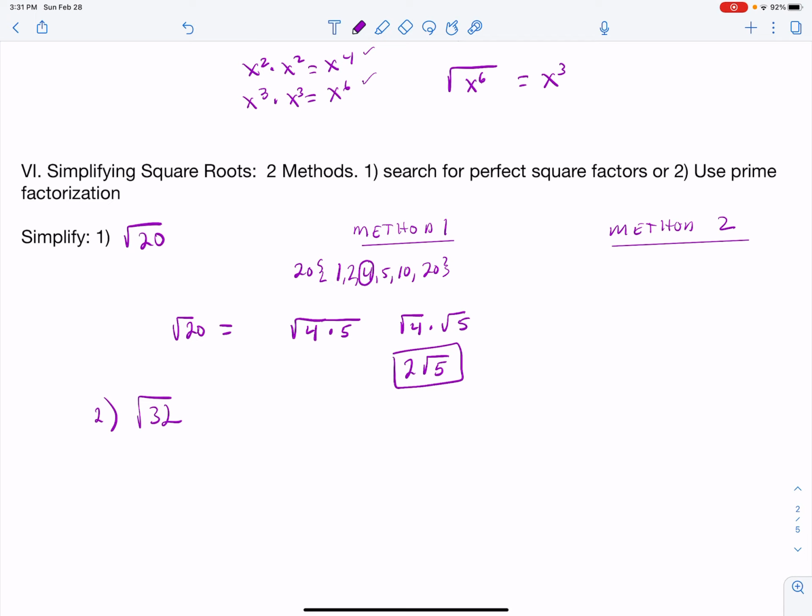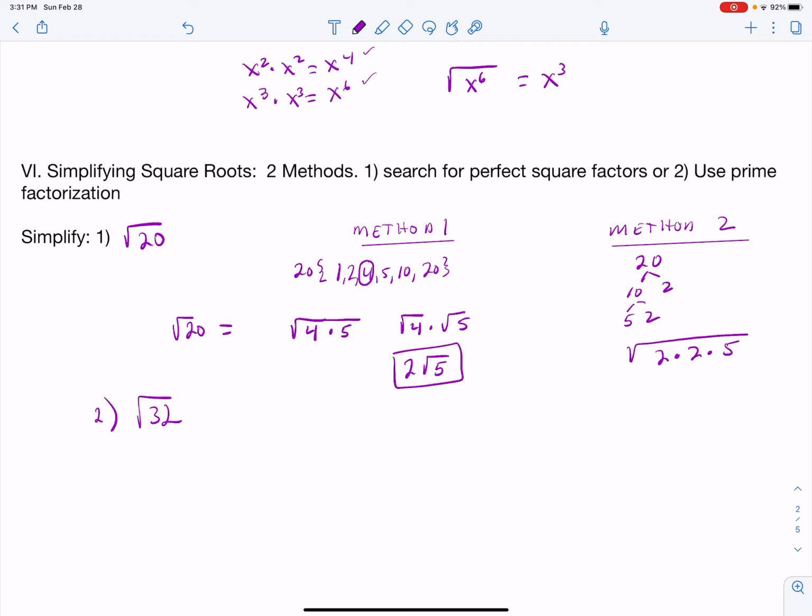Well, method 2 would be use prime factorization, which we did in 7-1. We would factor 20 into its primes, 10 times 2, 5 times 2. And we would write the prime factorization underneath the radical, 2 times 2 times 5. And this helps us when it's not a square root, when it's cubed root or fourth root or fifth root. So it's kind of a good method.